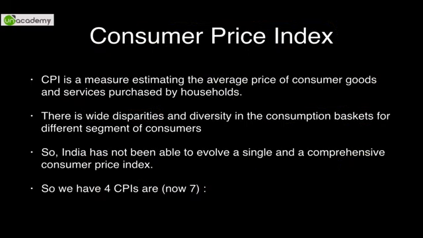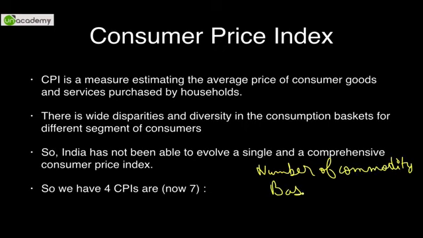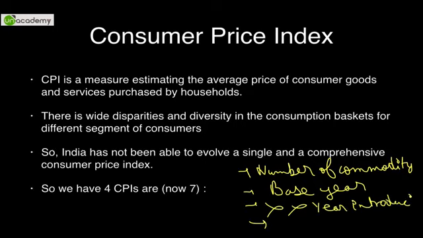Basically you need to remember these 4 points about them. First of all, you don't need to remember the number of commodities in the basket. Okay, this information is not needed for individual CPIs. You can go through the base year, but again that is not an important feature. And then in which year it was introduced, again this is not an important feature. And finally the 4th feature is the lag period in the calculation.